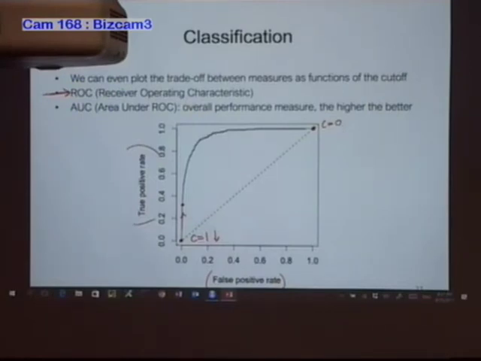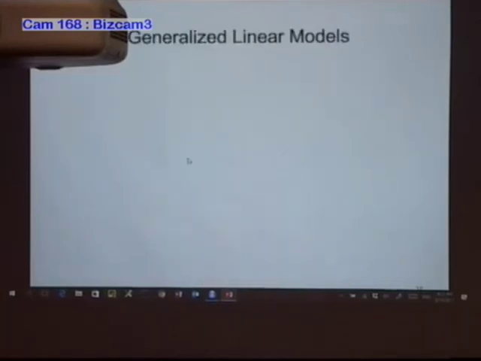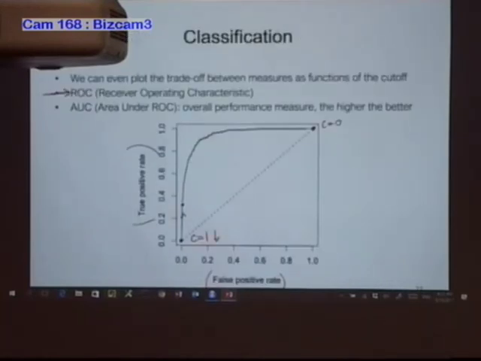But how people use this is they look at this black line, and the higher the better. The higher the better in the sense that given the same false positive rate, a higher line will give me a higher true positive rate. Right? At the same level of false positive, I'm going to have a better true positive. Right? The higher the better.